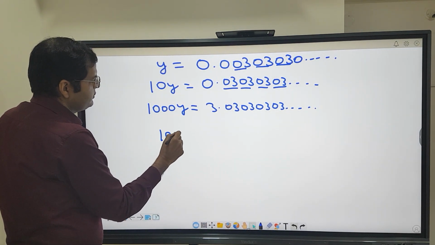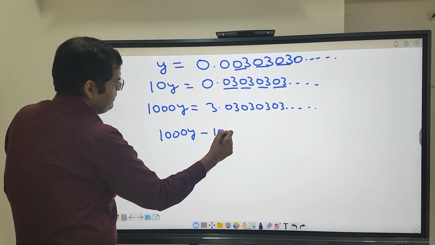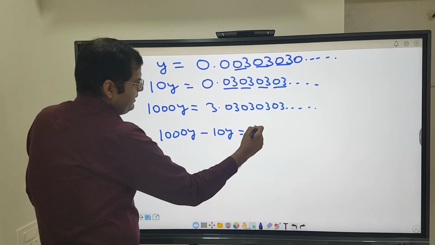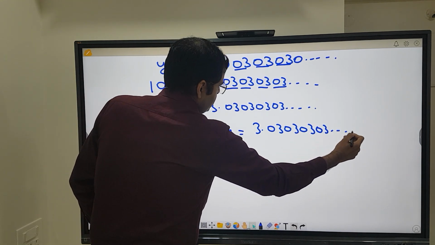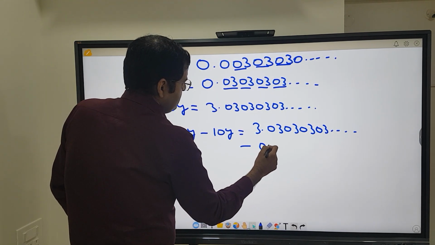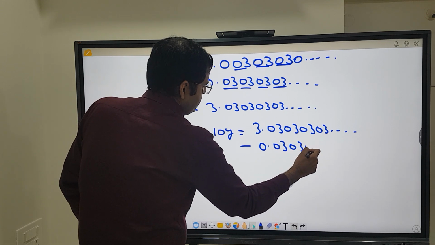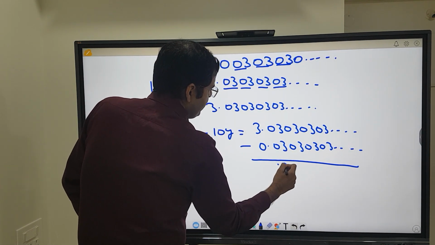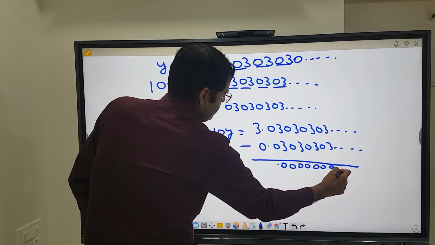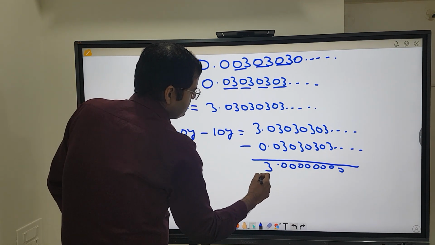Now if I do 1000y minus 10y, that will be 3.03030303 and so on minus 0.03030303 and so on. Everything after the decimal becomes 0, and here it will be 3 minus 0, which is 3.